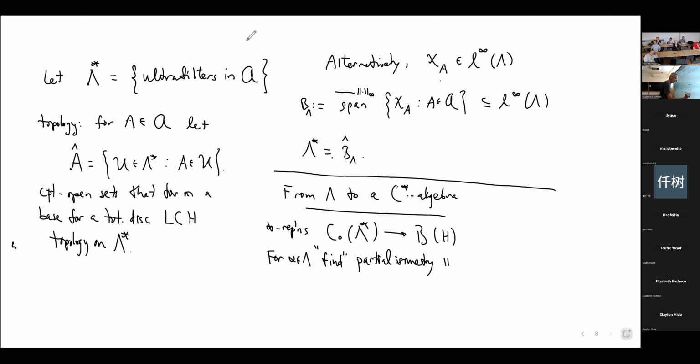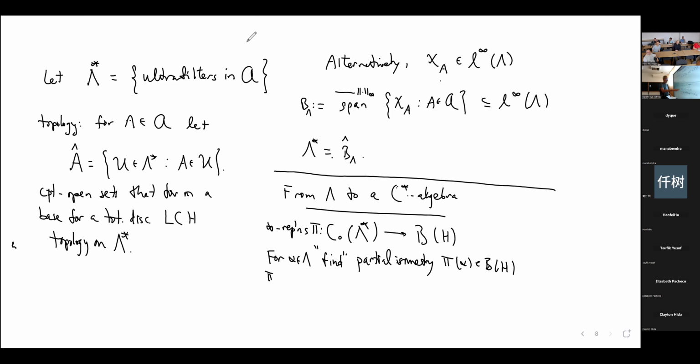Let's call this pi. And we want, is it a regular representation? No, we're just looking for, what is H? Arbitrary, some Hilbert space.